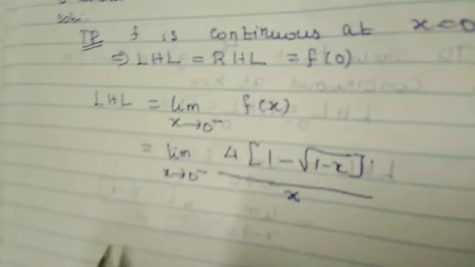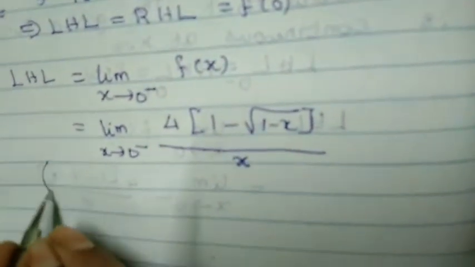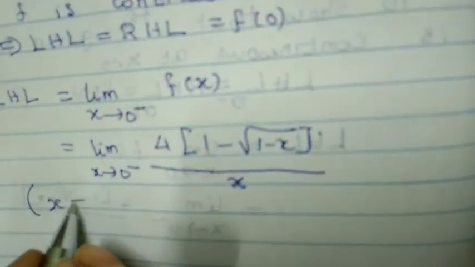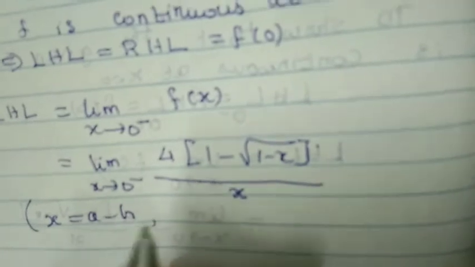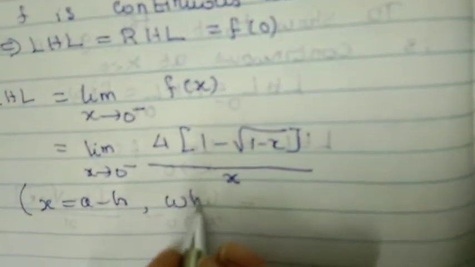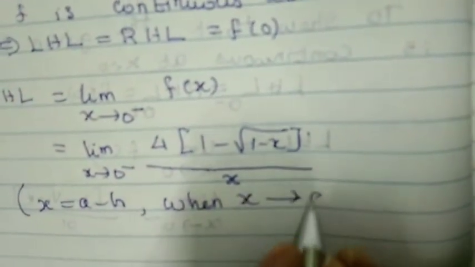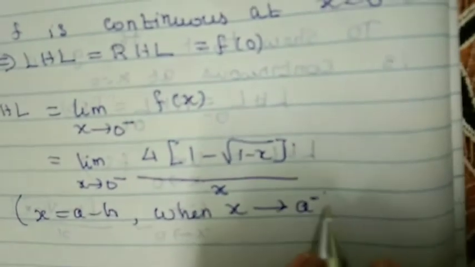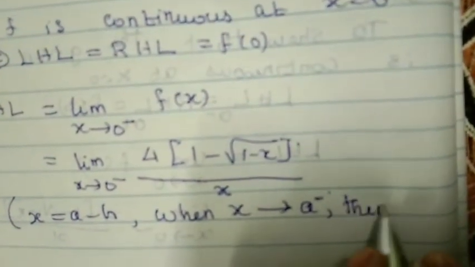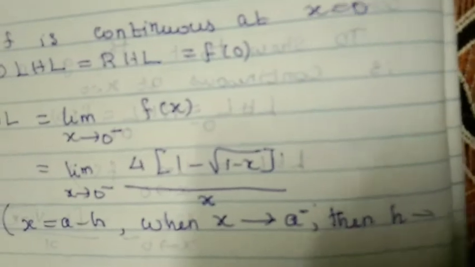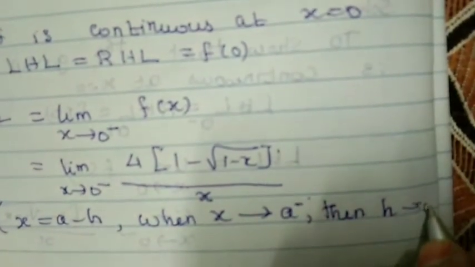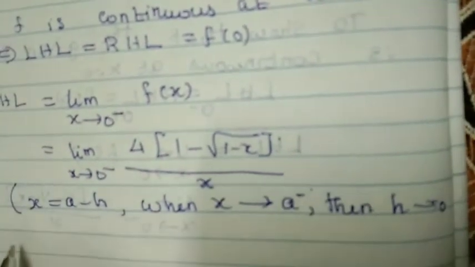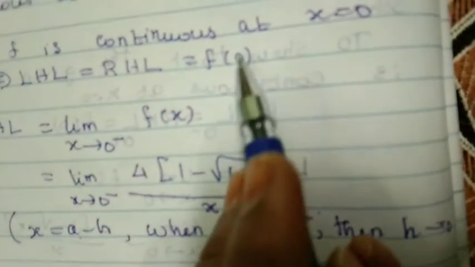Next, for LHL the formula is to put x equal to a minus h. When x tends to a minus, then h tends to 0. Here a is replaced by 0.